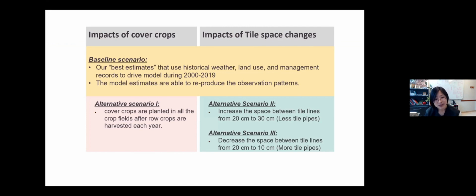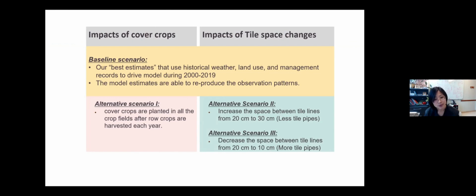By using this newly developed DLAM catchment, here I want to show two examples: how did we use this model to quantify the impacts of cover crop planting and tile space changes?